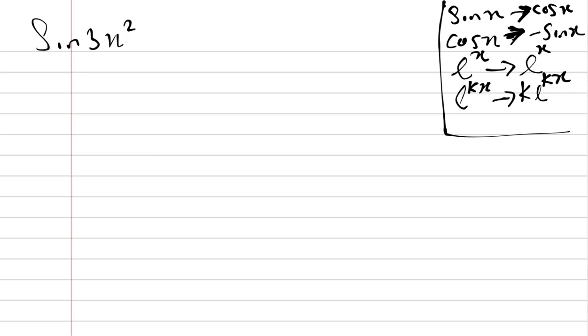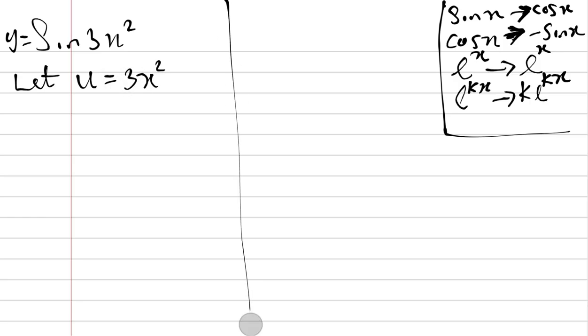Alright, so now let's differentiate this using the chain rule, because sine is a function, and this one is also a function. That is why it is chain rule. So now you are going to say, let u be equal to 3x squared.